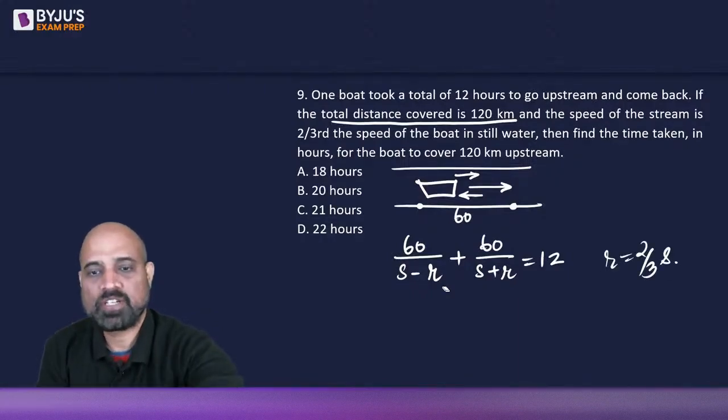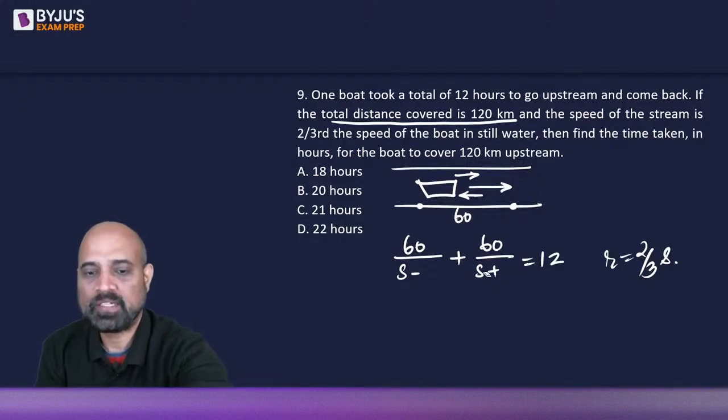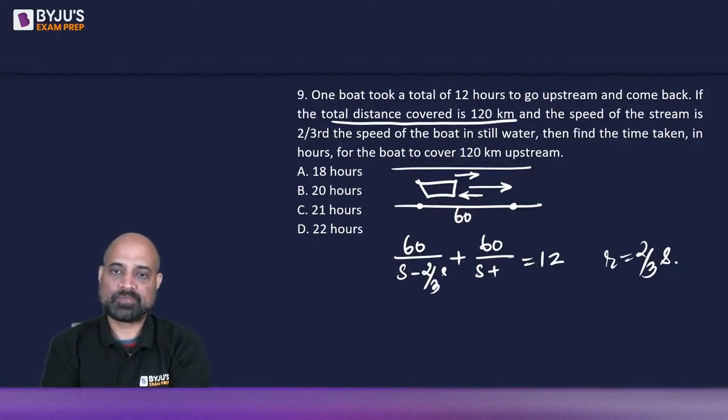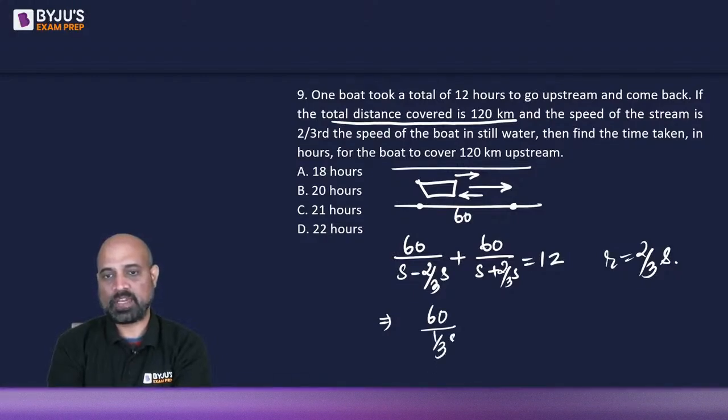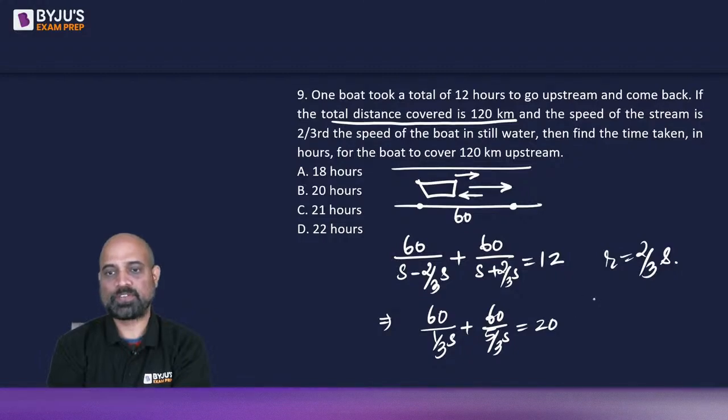So instead of R, let's write 2/3 S. If we rearrange this, we get 60 by 1/3 of S plus 60 by 5/3 of S is equal to 12.